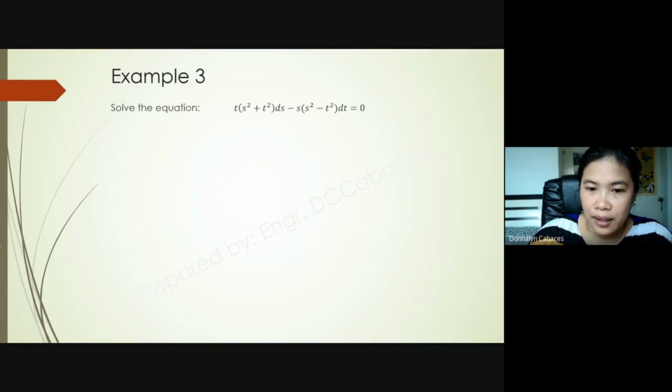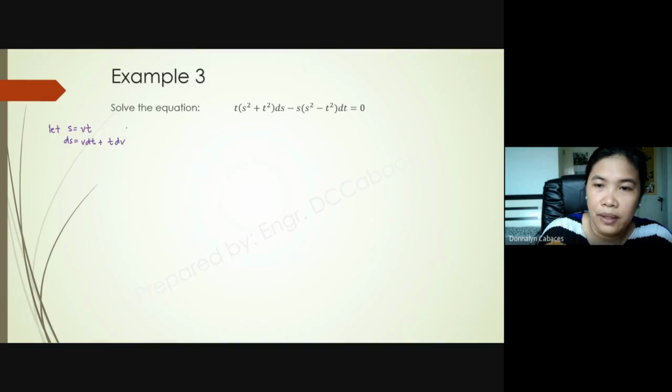So let us take, let s is equal to v times t. And therefore ds is equal to v dt plus t dv, derivative of product. So we substitute it here.